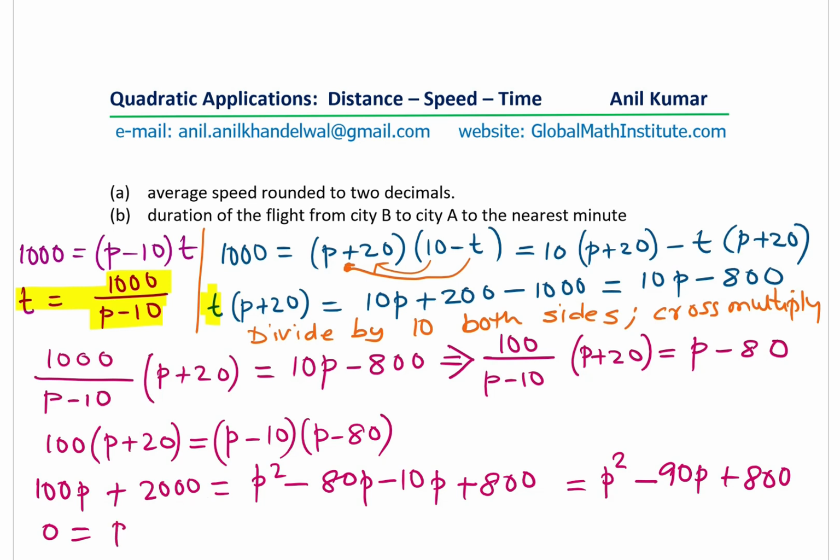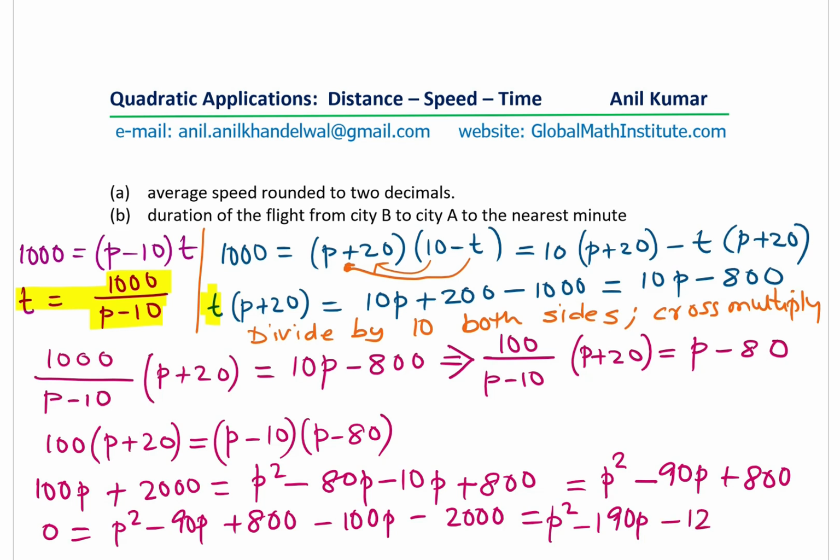So we have p square minus 90p plus 800 minus 100p minus 2000, which is p square minus 90 and minus 100 is minus 190p, and the constant will become minus 1200. So this is the quadratic equation which we were looking for. Correct? So that was the quadratic equation.